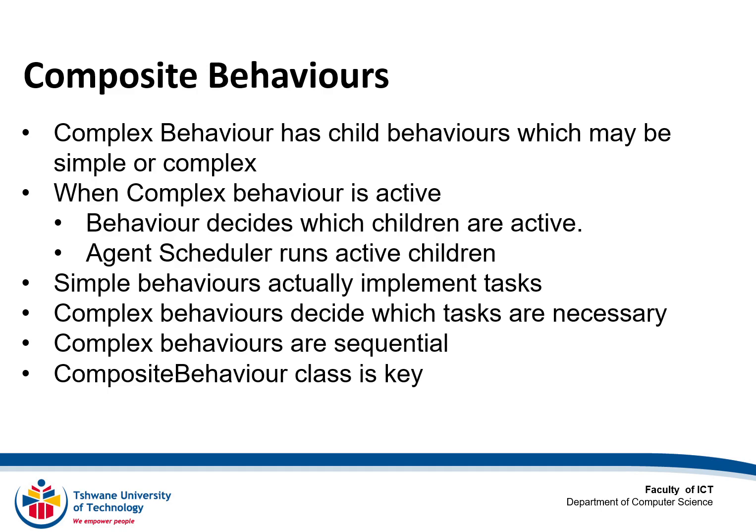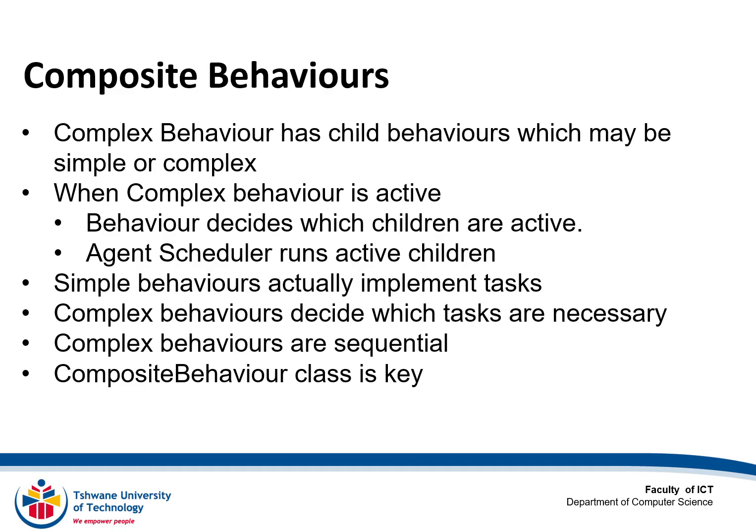When complex behaviors are active, it is the complex behavior that decides which child should be active, and it then schedules the relevant behaviors to run in a particular order. So that becomes the responsibility of the complex behavior for the children under it.